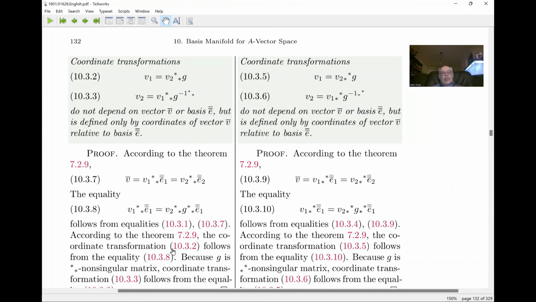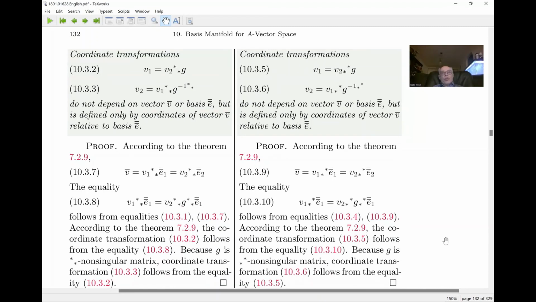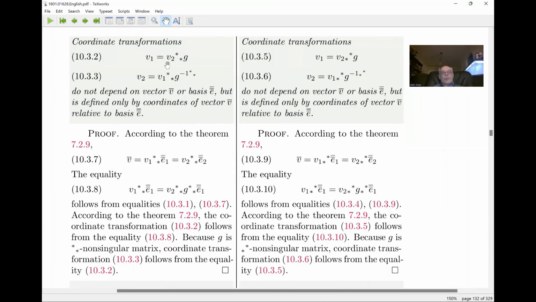The coordinate of transformation 3.2 follows from the equality 3.8. Because G is CR non-singular matrix, coordinate transformation 3.3 follows from the equality 3.2.